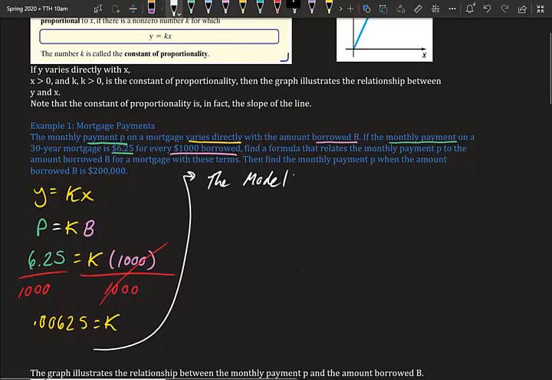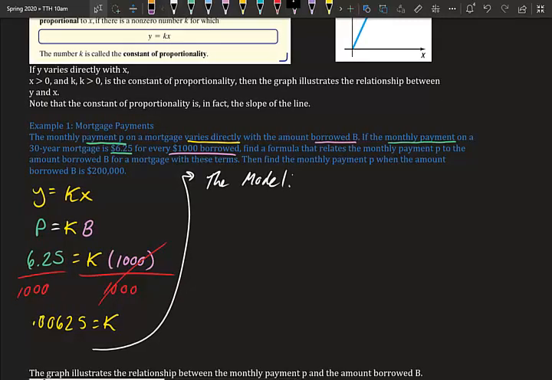Now the model is a formula that represents what we're going to plug into it. So like y equals mx plus b, that's a linear model. But a model goes into more specifics of this exact example. So the model that we're going to start using is P equals 0.00625 B.